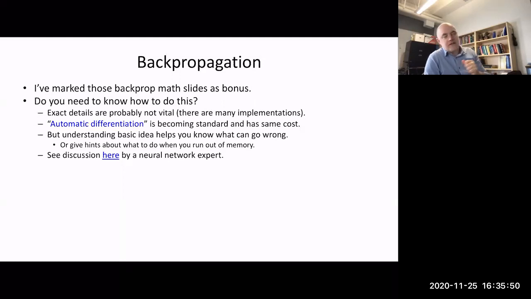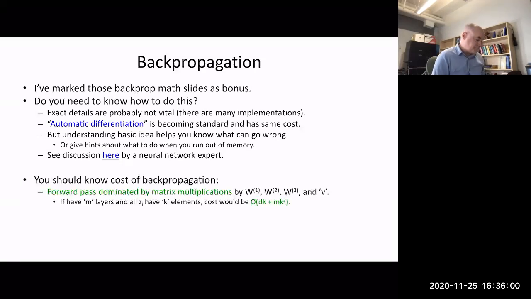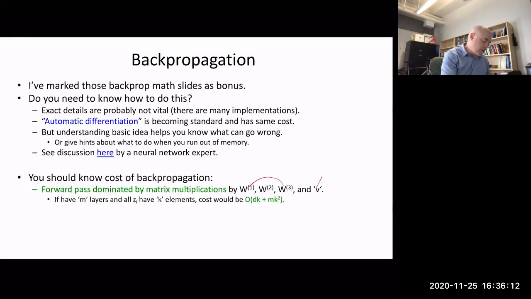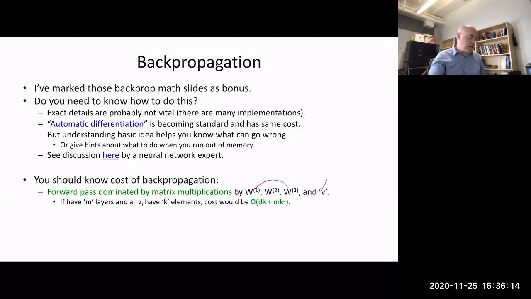In particular, you need to know that deep neural networks consume more memory than you might think, because they are storing all the intermediate results. You need to know what the computational cost is. The forward pass is dominated by whatever computation you're doing here. That's all matrix multiplications by some weight matrices and a final classifier parameter vector.